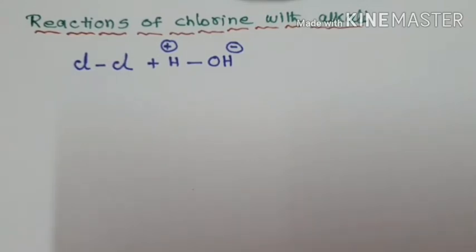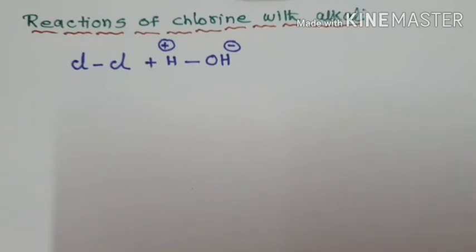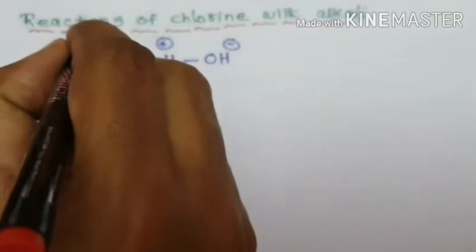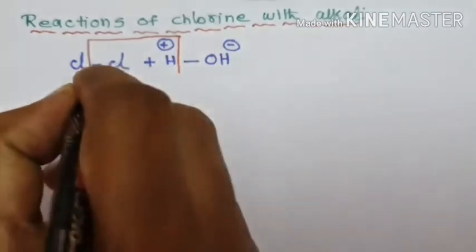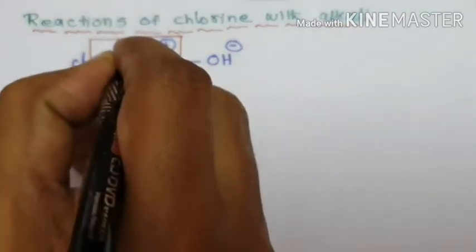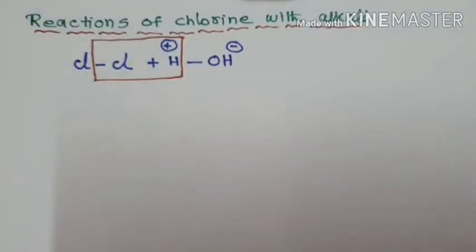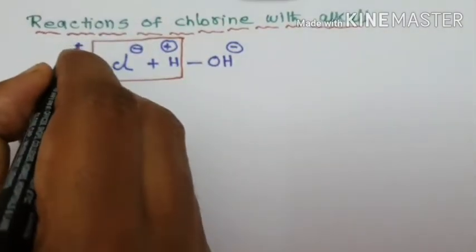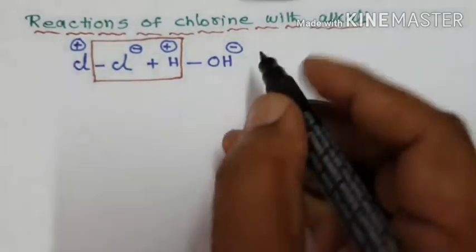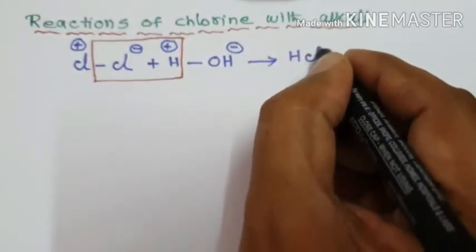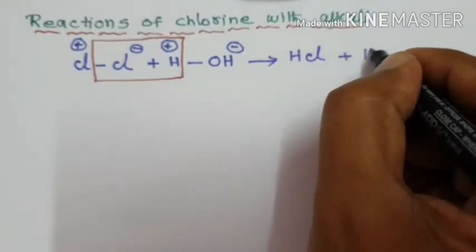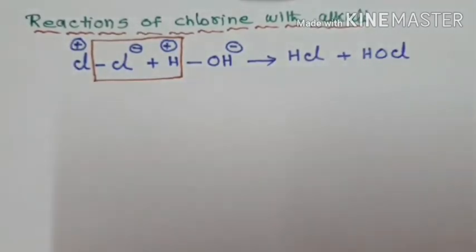The H plus from the water molecule removes one chlorine from Cl2 as hydrochloric acid, H plus Cl minus, and this OH minus combines with the Cl plus to form one more acid. HCl is formed, and HOCl is also formed.